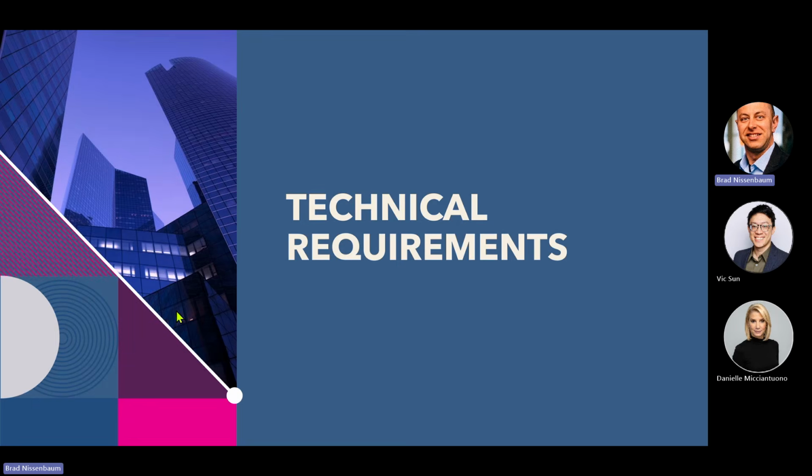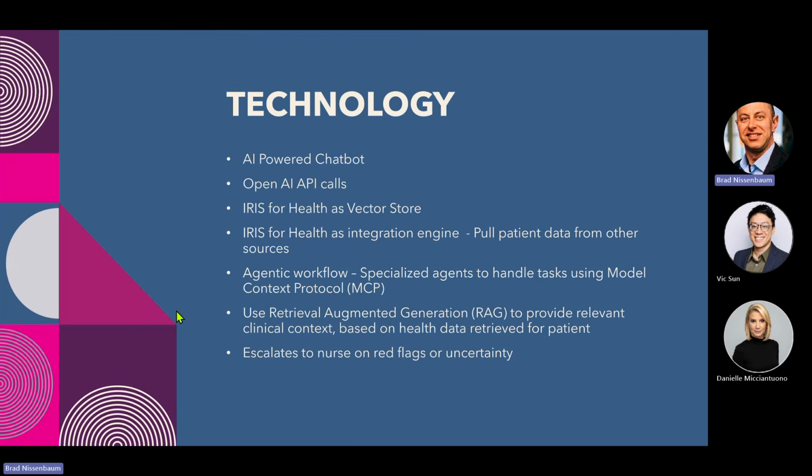Yeah, so let's take a look at the technology behind this. At its core, it's an AI-powered chatbot. For the LLM, it's using calls via API to OpenAI. It's using Iris for Health for 2 key features here, as the vector store and also as the integration engine, pulling patient data from other sources.